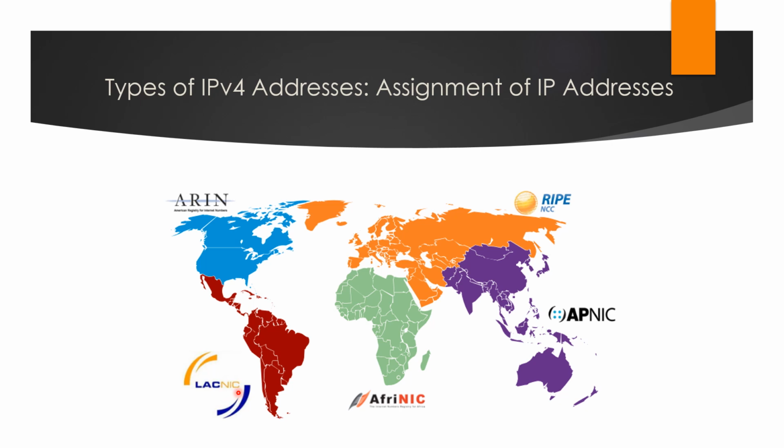We have the Latin American and Caribbean IP Address Registry, which covers Latin America and some Caribbean islands. And we have even the RIPE Network Coordination Centre, which covers Europe, the Middle East, and Central Asia.